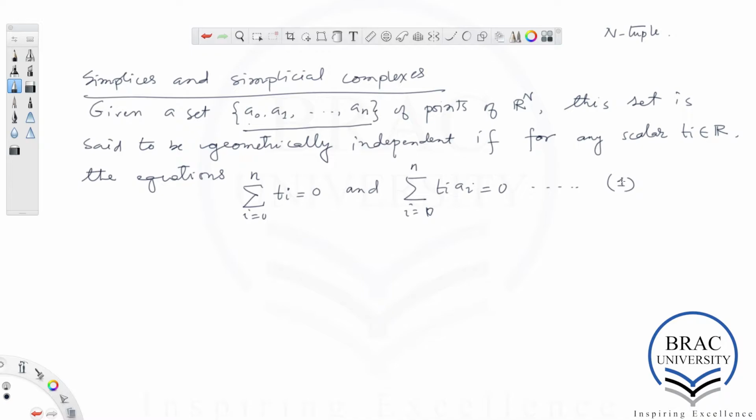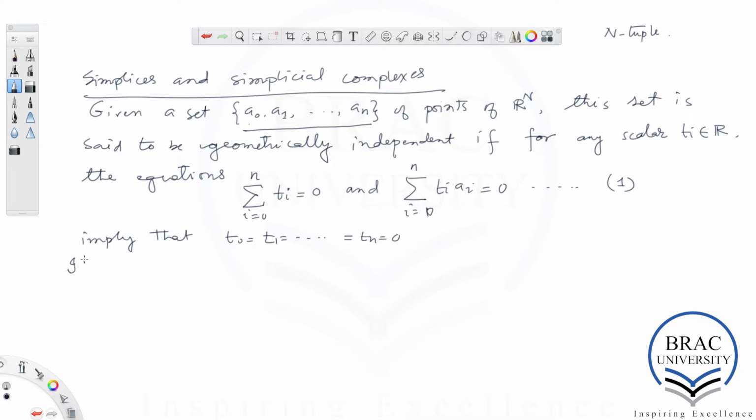These equalities will imply that the scalars are identically 0. That's the only way one can satisfy equation 1.